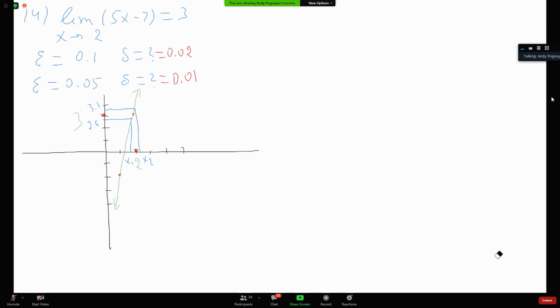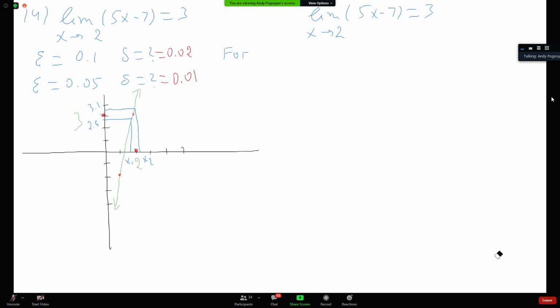Now, the limit in general given to us: limit of 5x minus 7 equals 3 as x approaches 2. So first step, you can use given for any, for every, doesn't make a difference.